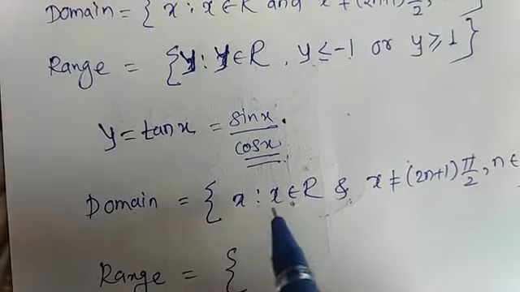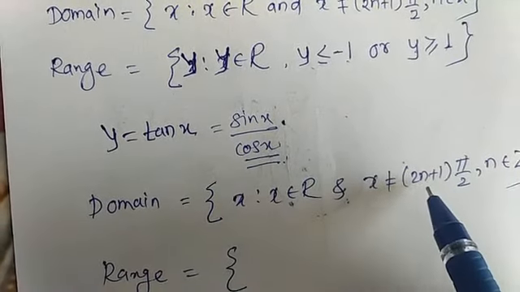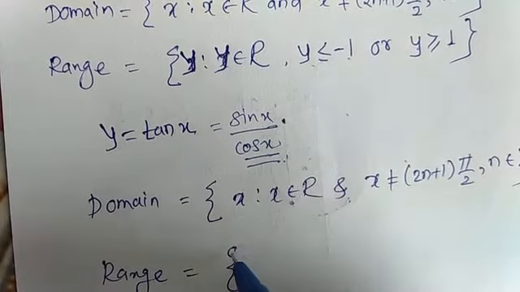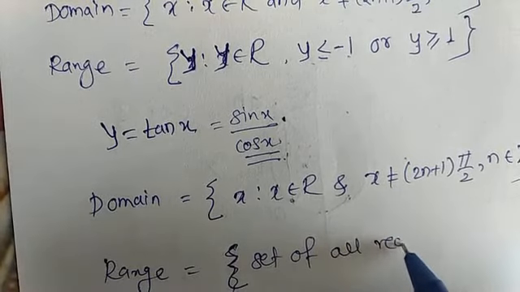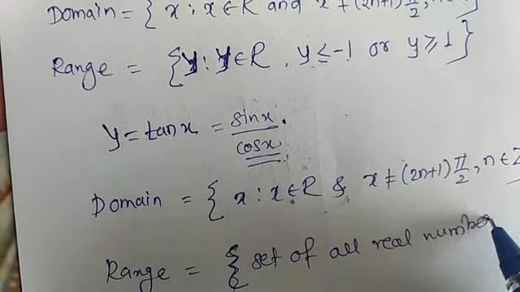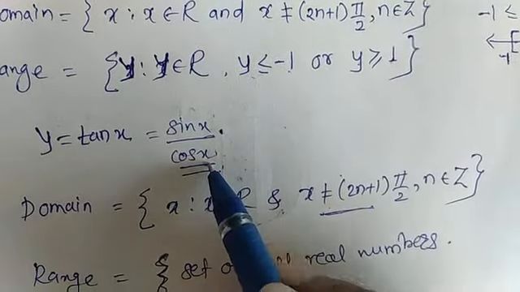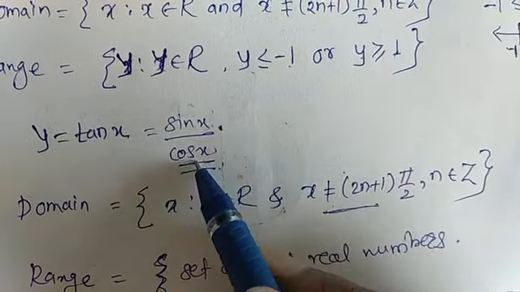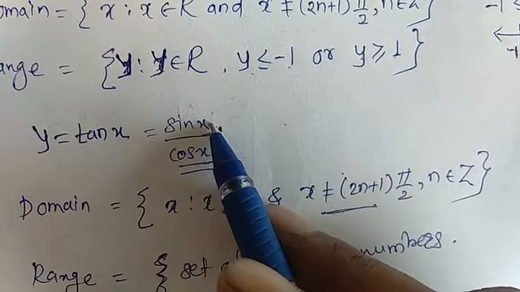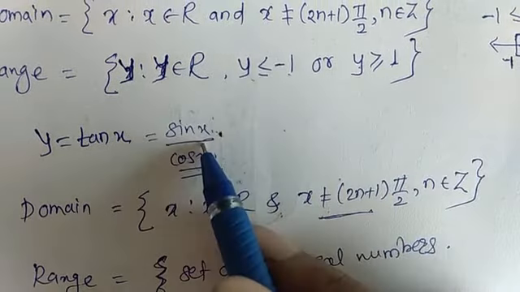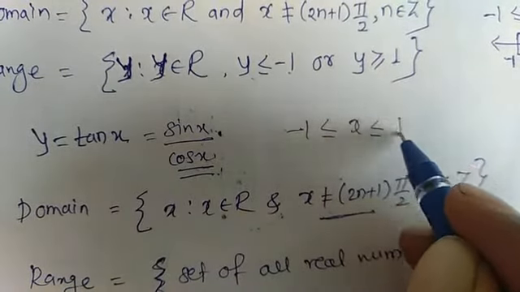is, again you can say that for tan x it will be the set of all real numbers, because in the domain you are considering the values where cos x is not equal to 0. So for any value of sin x, the denominator is not 0, so you can say that it is a real number, because sin x lies between minus 1 and 1.